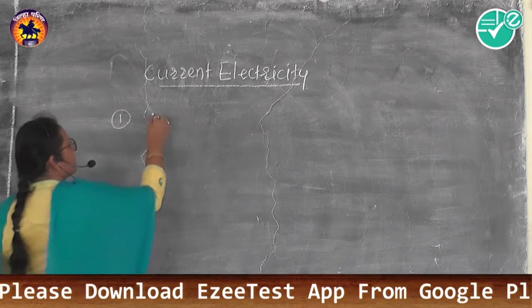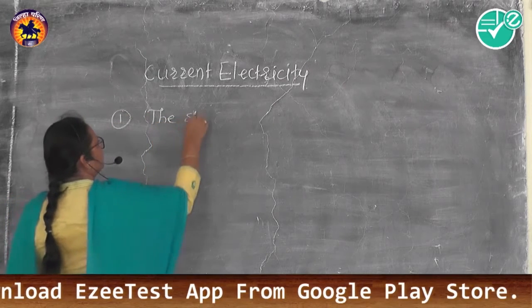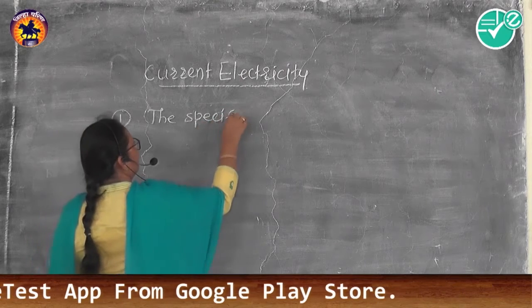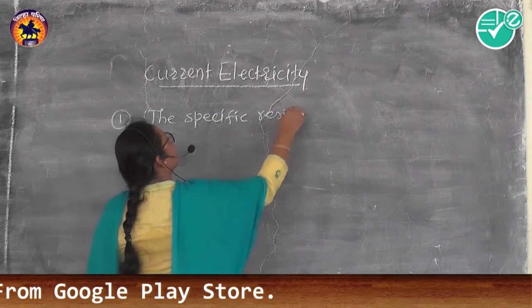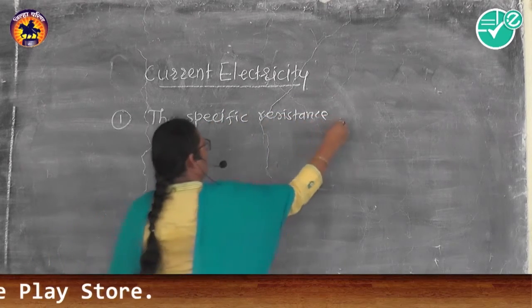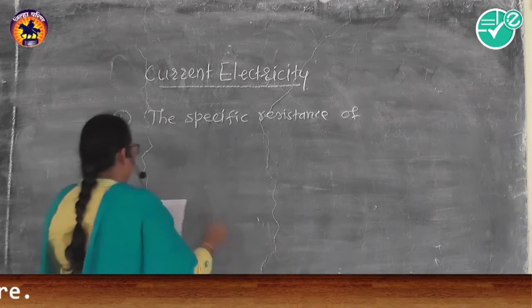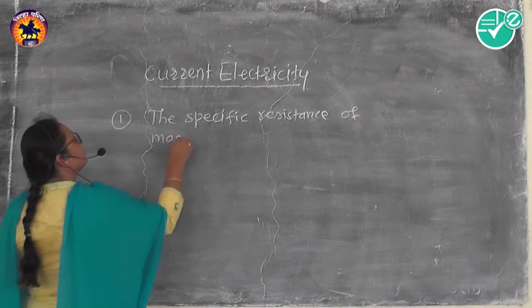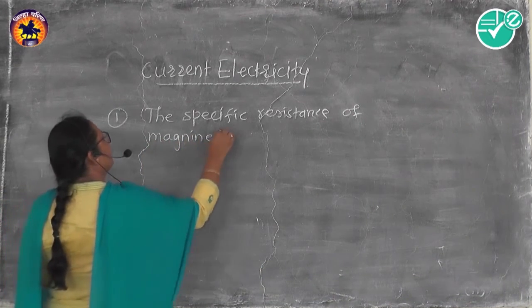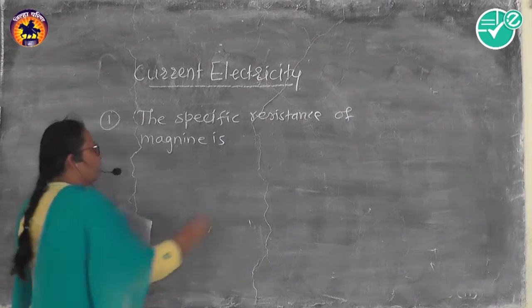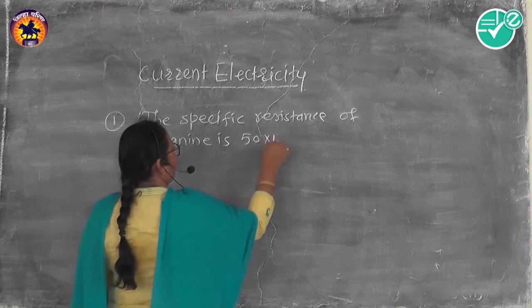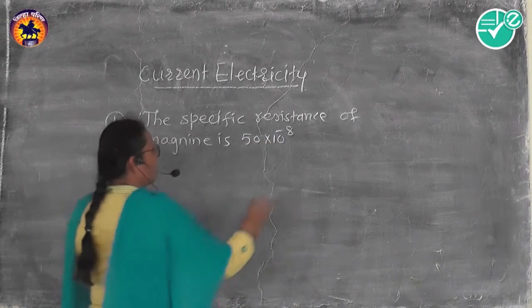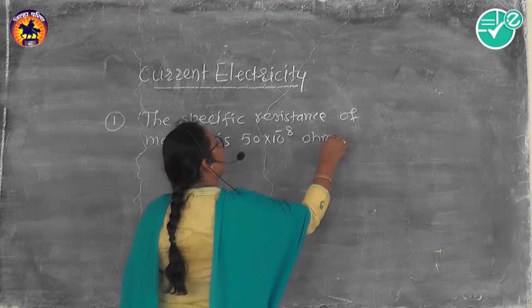the specific resistance of manganese is 50 into 10 to the power minus 8 ohm meter.